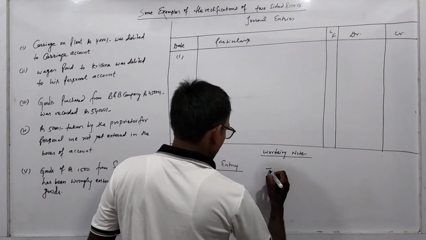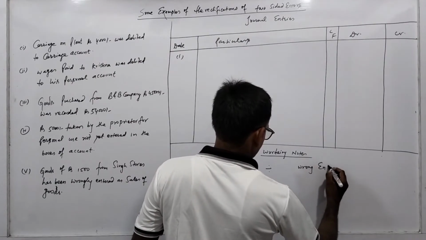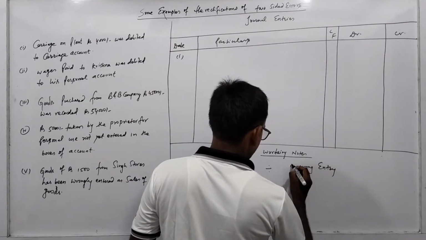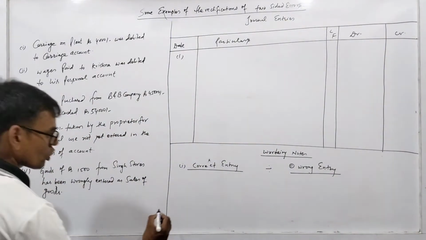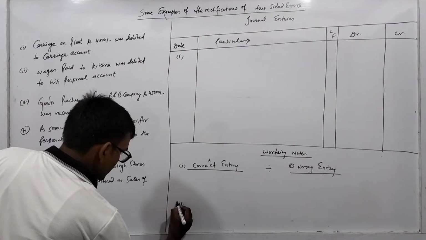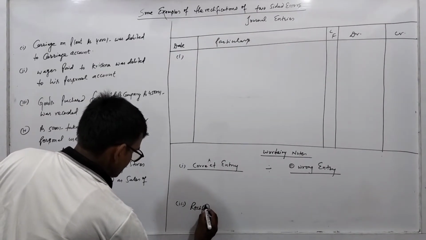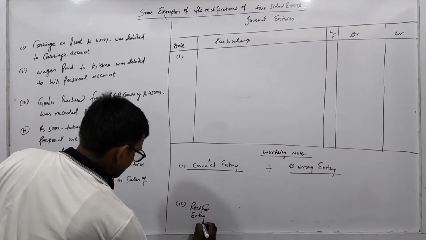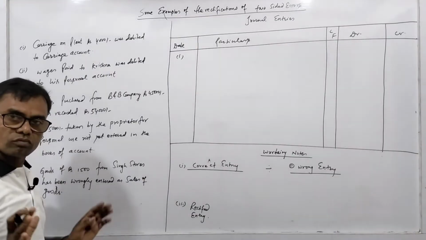Then divide by the wrong entry. Second step, divide by the wrong entry. And in the third step, you will get the rectified entry. And this rectified entry you have to write here.